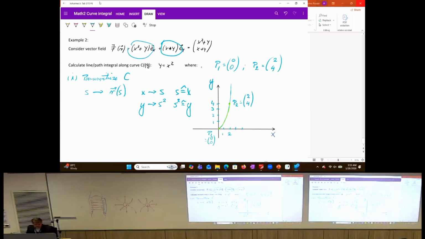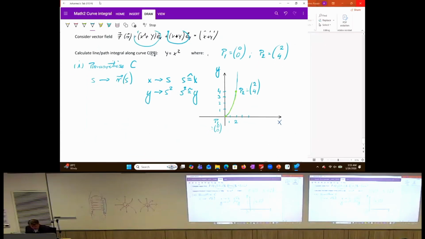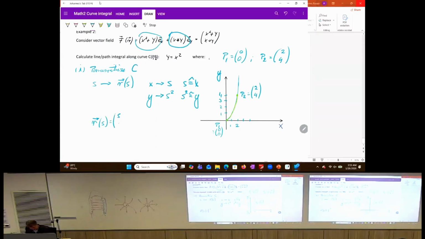And that we can do now in this fashion here. We say that R of S, the X component is S, the Y component is S squared. Or we write it in components, S times unit vector EX and S squared times unit vector EY.